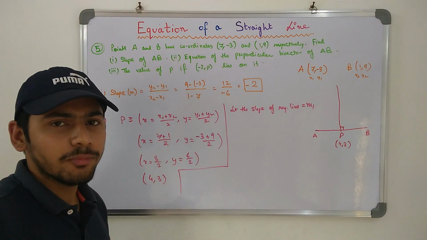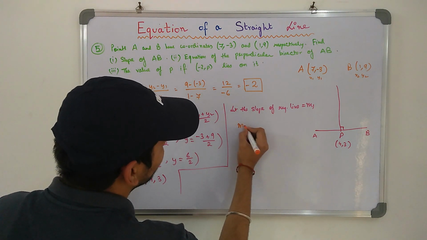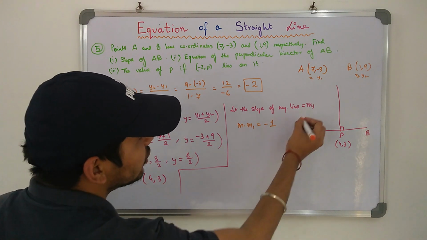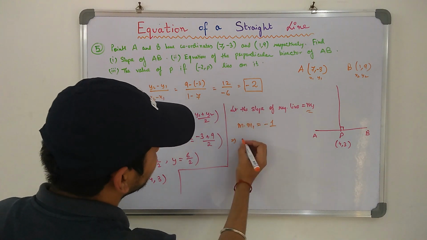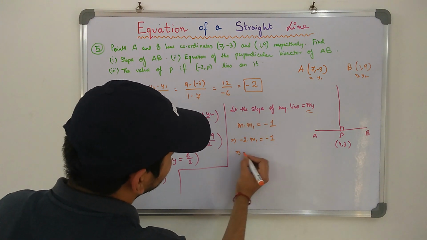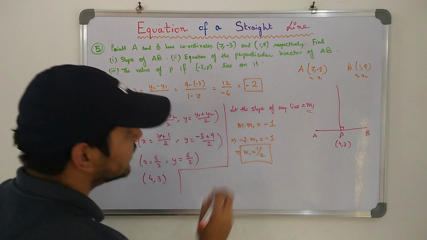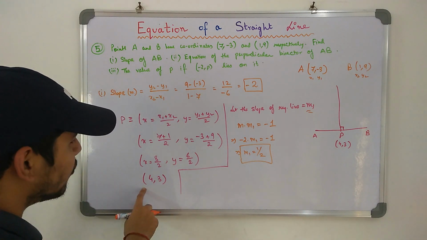We know from the property of perpendicular lines that m into m1 is equal to minus 1. So we'll get the value of m1 using this. We have m is equal to minus 2, so minus 2 into m1 is equal to minus 1. Therefore m1 is equal to 1 by 2. Therefore the slope of the perpendicular bisector is 1 by 2 and it is passing through (4, 3).